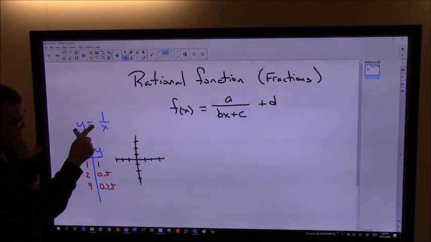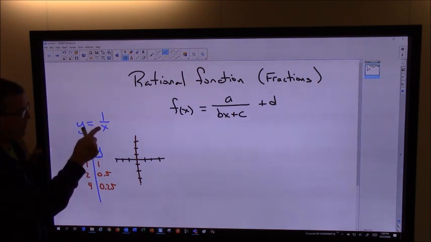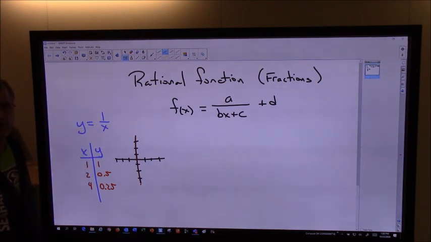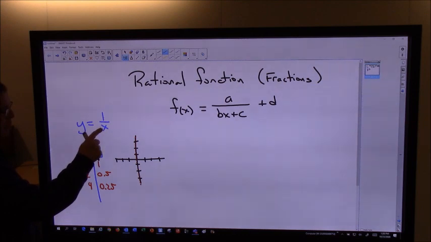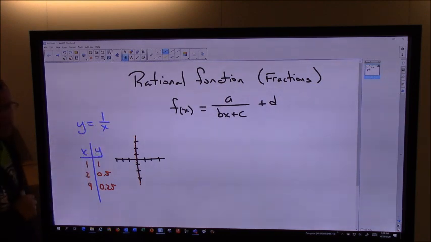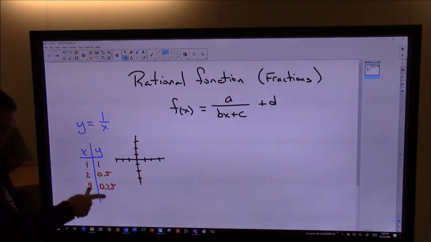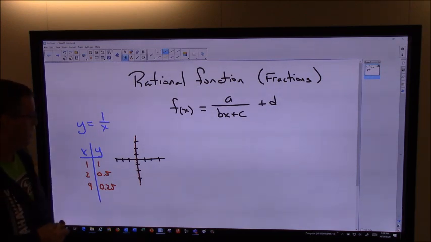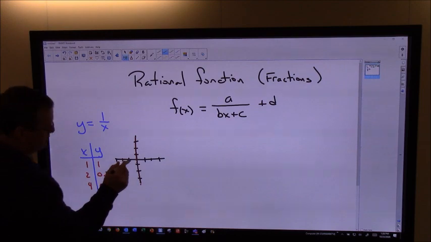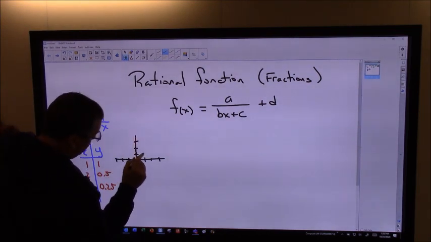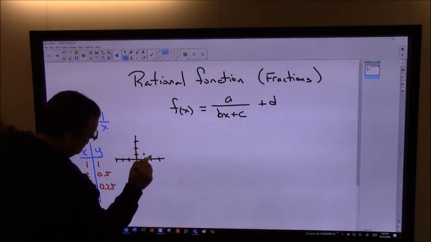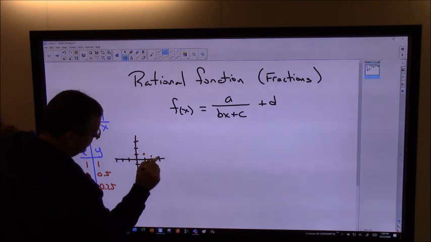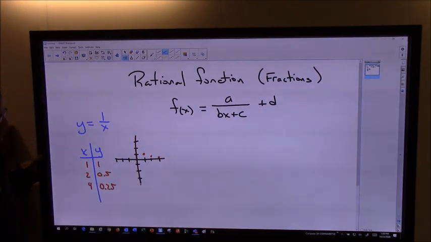And one of the things that we kind of realize here is the larger this number gets that I plug in the denominator, the smaller the value of the fraction. If I plug in a 10, 1 divided by 10 is 0.1, so we're getting smaller. Plug in a 100, it's 0.01. And so what that means is I hit this point right here, but then I got smaller, and then I got smaller, and I'm going to keep on getting smaller.